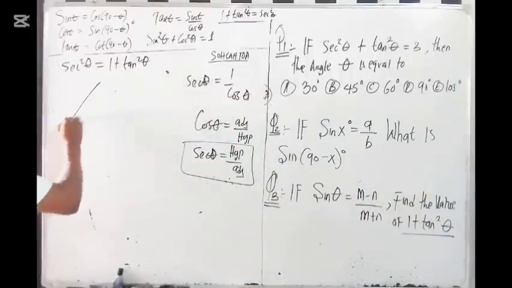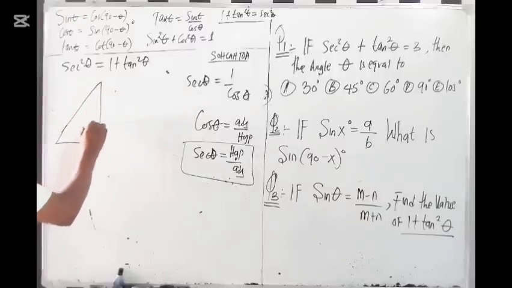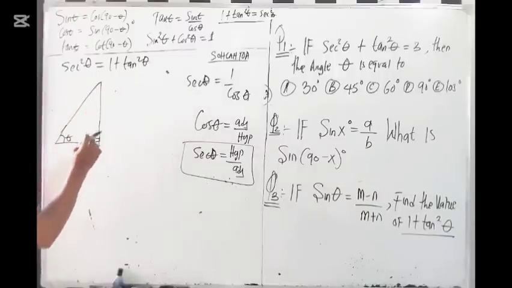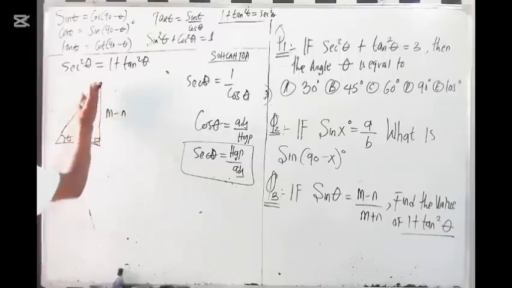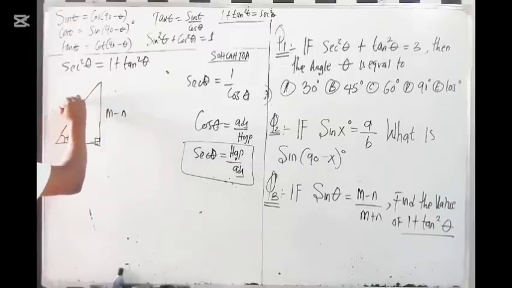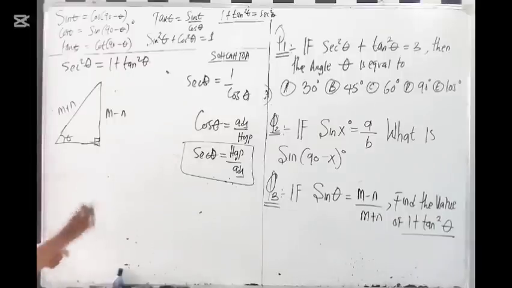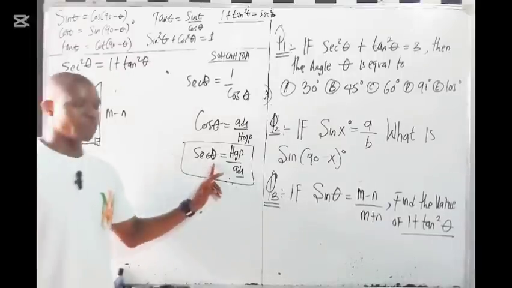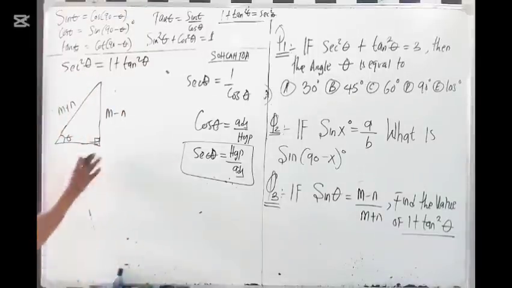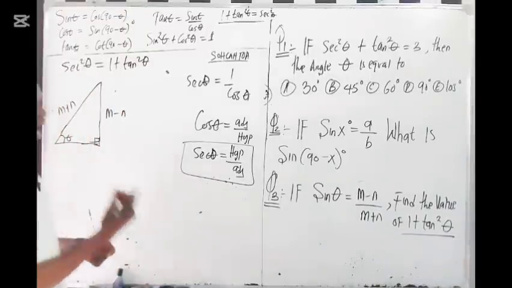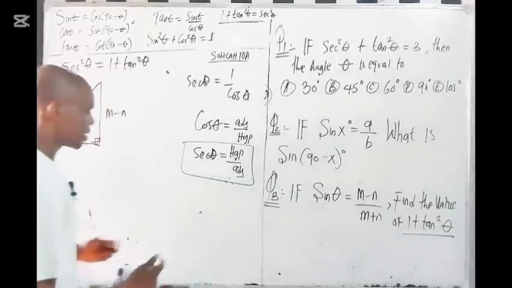If you draw the acute angle like this, with theta, my opposite is m minus n and my hypotenuse is m plus n. I must know my adjacent before I can use it, but I don't know my adjacent here. I have to use Pythagoras' theorem to calculate the adjacent.